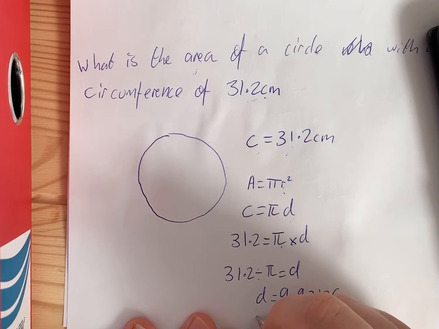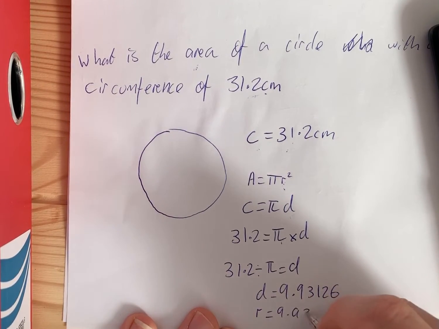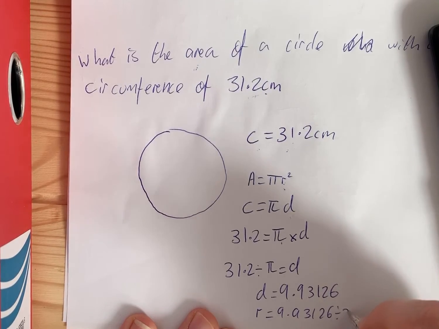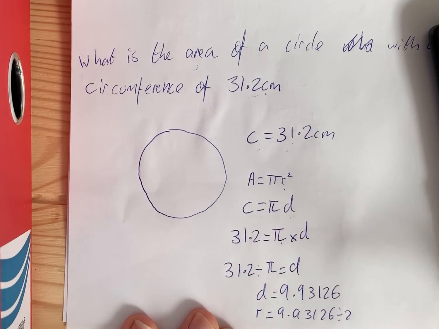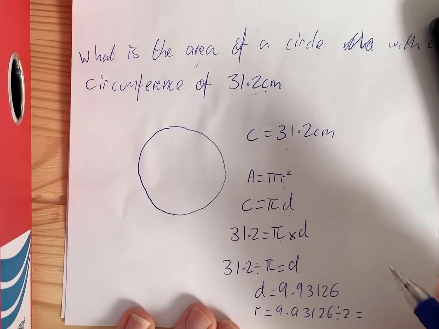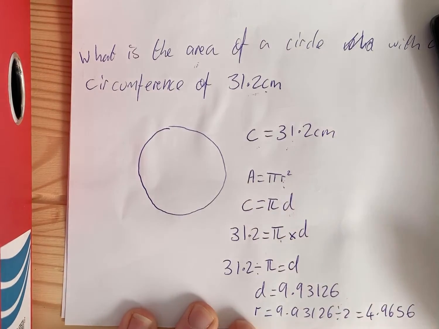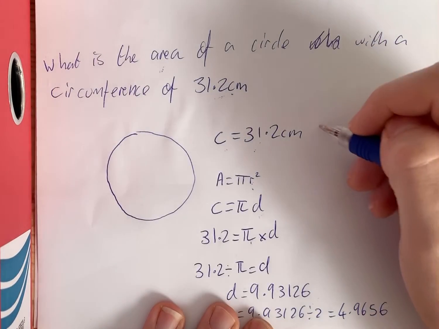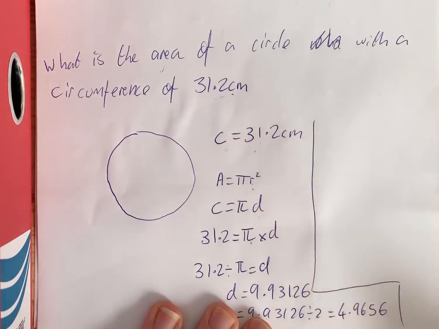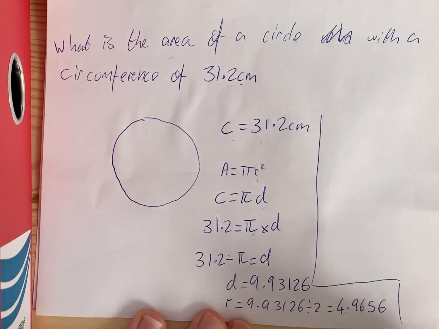So my radius is equal to 9.93126 divided by 2, which gives me 4.9656. Okay, I'm going to keep working down the page, so just going to draw myself a little line there. So I now know the radius, I can find the area.